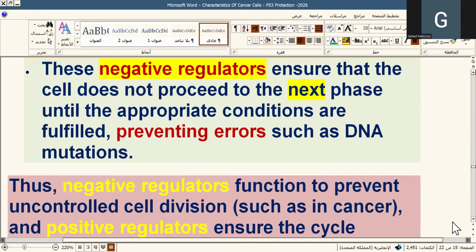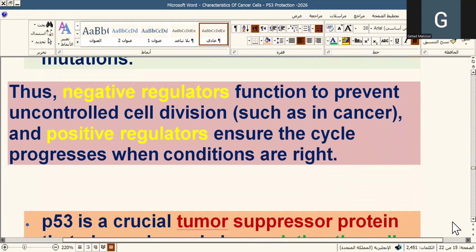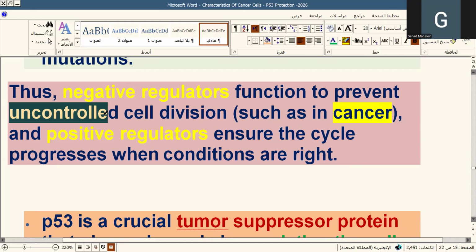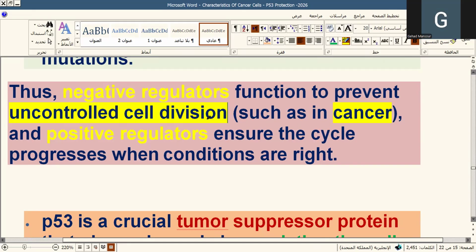So the negative regulators are important because when they arrest the mutated cells, then they prevent the abnormal cells, like the cancer cells, from what they are characterized by, which is the uncontrolled cell division. We all know that one of the major issues with the mutated cancer cells is that they have an uncontrollable, very rapid rate of cell division.